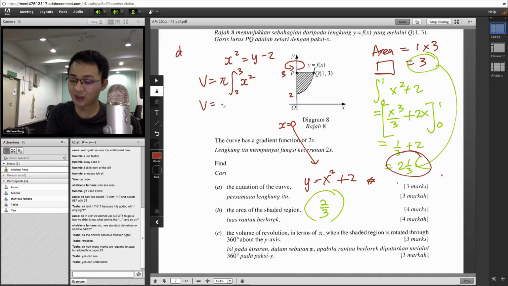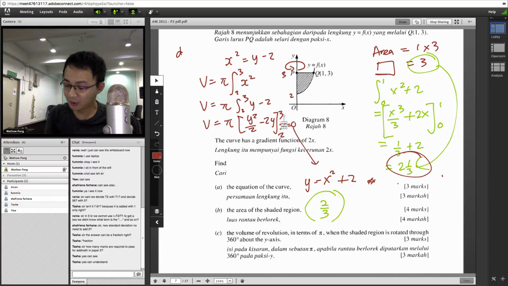Then we just integrate this thing. So this is integrate 2 to 3 for y minus 2. Therefore you will get y squared over 2 minus 2y, from 2 to 3. And then you just do the substitution, you should be able to get the correct answer.